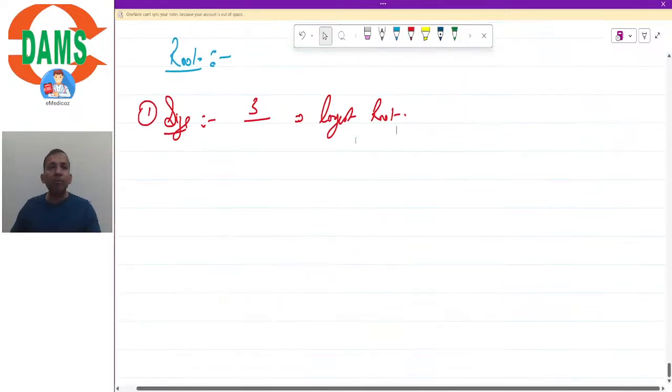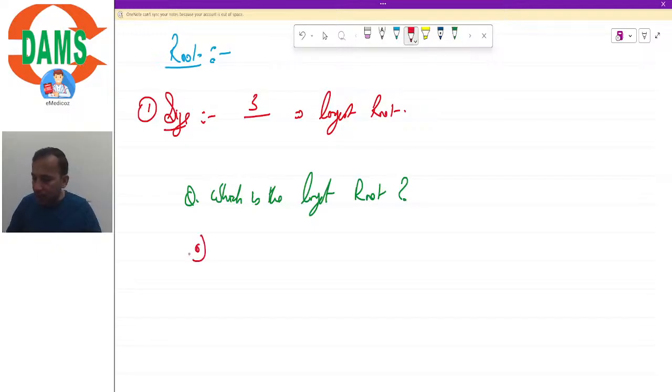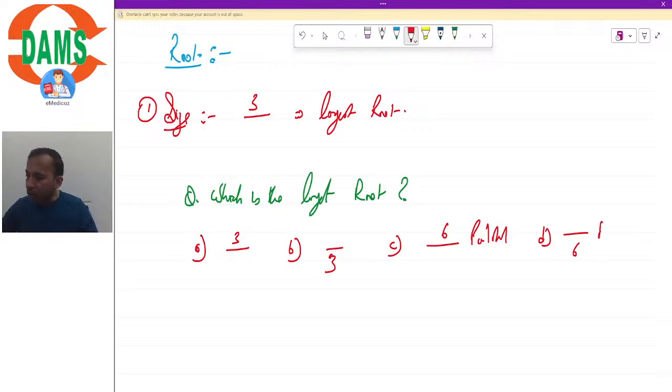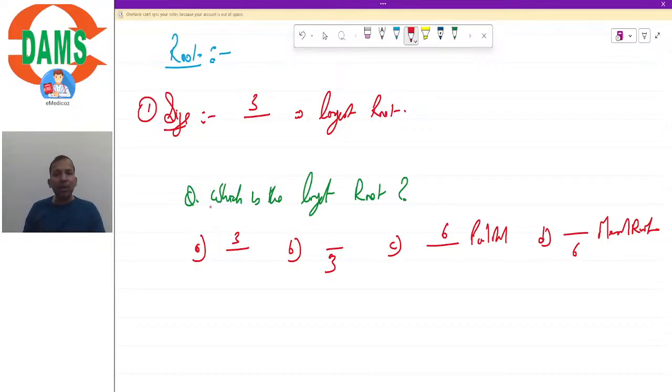Even if we include the posteriors and ask you which is the largest root, and the options are, let's say, upper 3, lower 3, upper 6 palatal root, lower 6 mesial root, then which of these would you choose as the answer? Is it upper 3, lower 3, upper 6 palatal, or lower 6 mesial root? Which of these is the largest root?